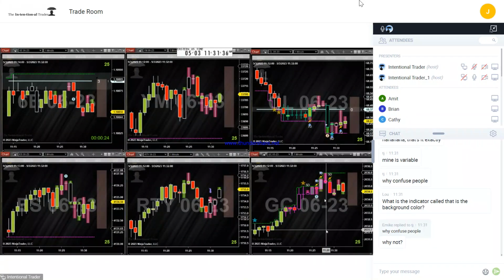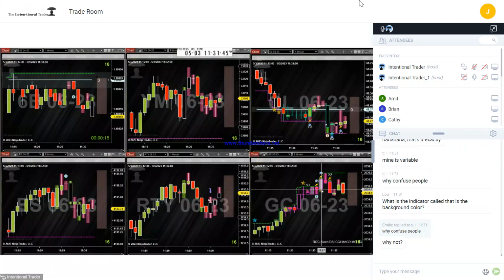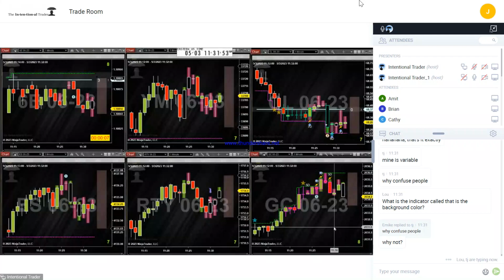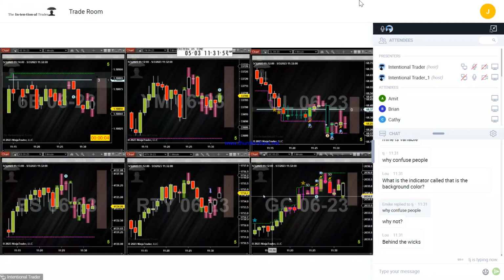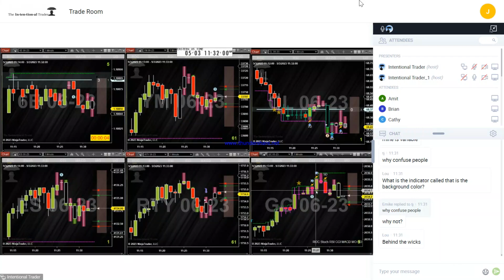Background color, the color of the candlesticks or behind the wicks, or you're talking about the chart background? Oh, that's called the wicks percent.